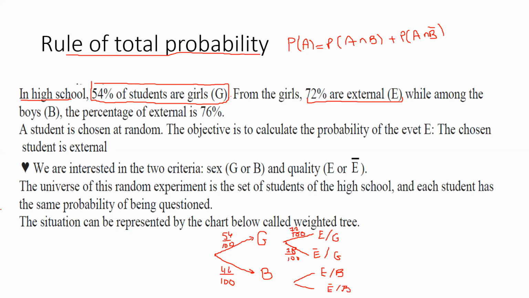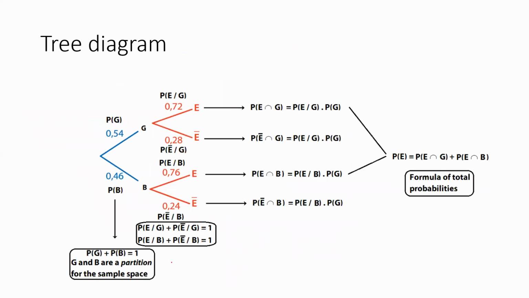The external from the boys is 76 over 100, and not external is 24 over 100. Okay, this tree now is better. Tree diagram: girls and boys.